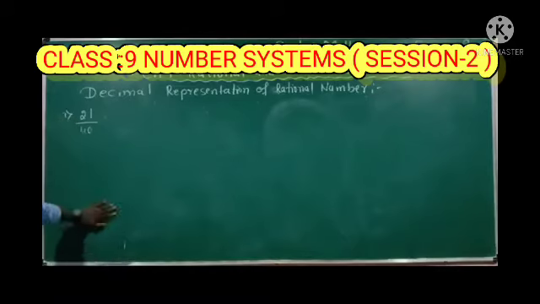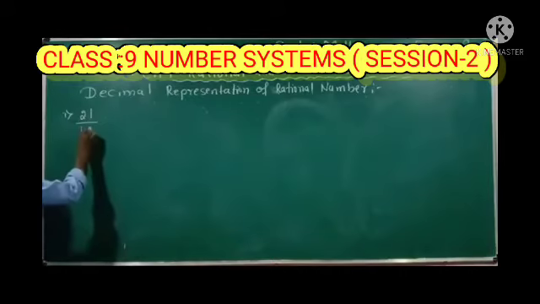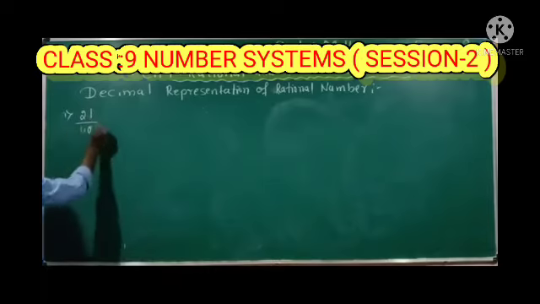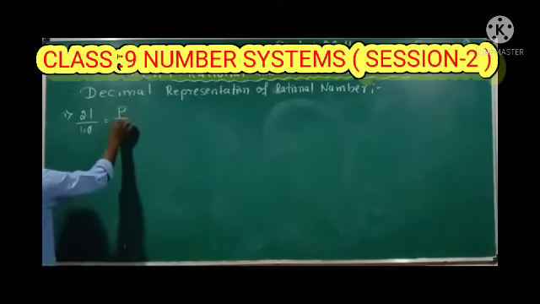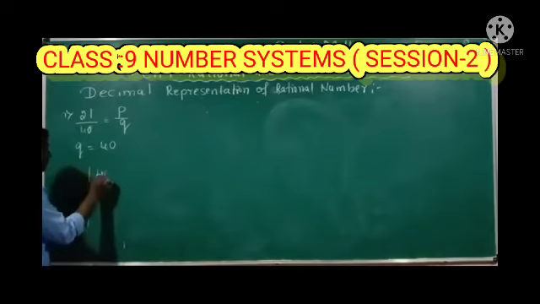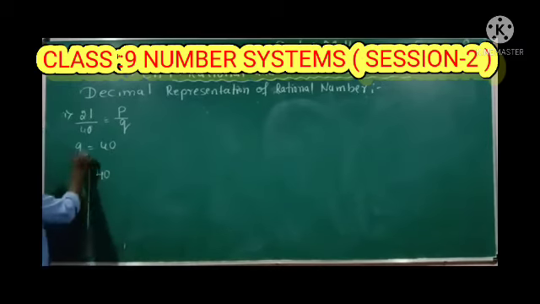Before solving this, it is in the form of p by q, and that q value is 40. First find the prime factorization of the denominator, that is 40.